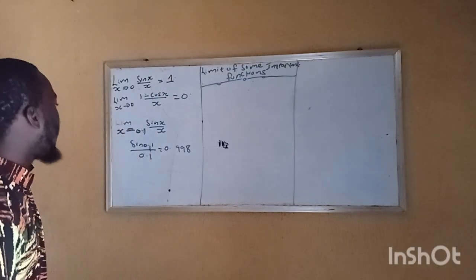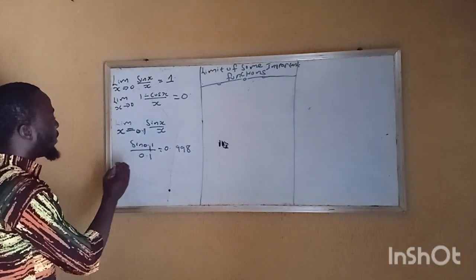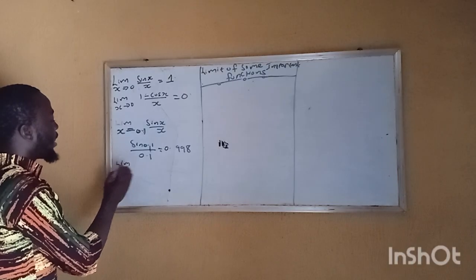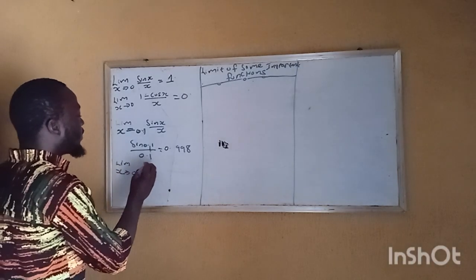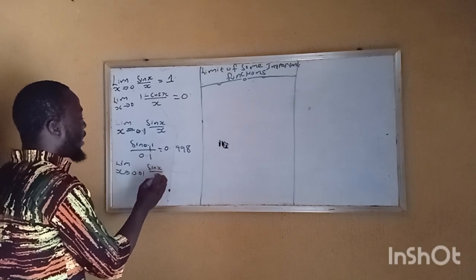Now let's use a smaller number, like 0.01. The limit of x tends to 0.01 of sine x over x.